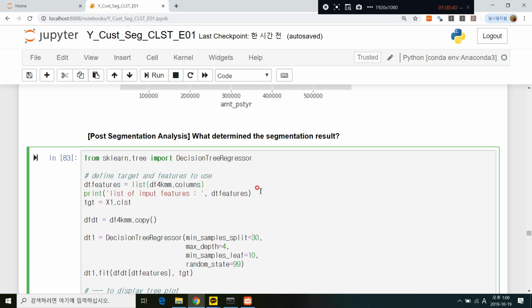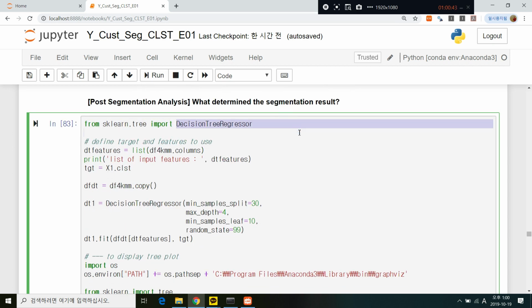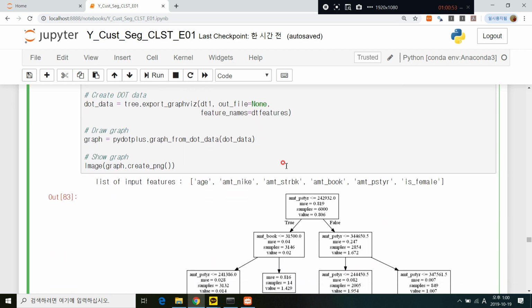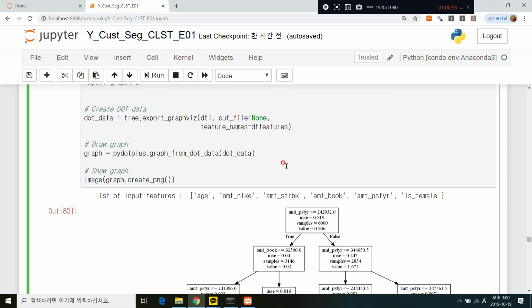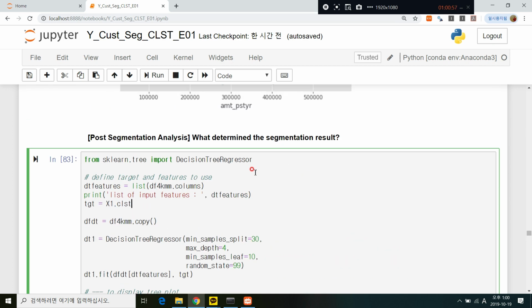We introduced a decision tree to understand the segmentation results. We had to use this as a classifier, right?